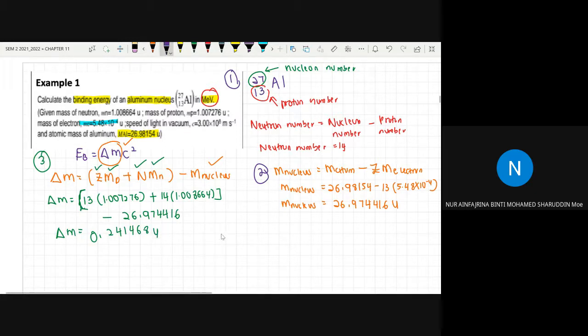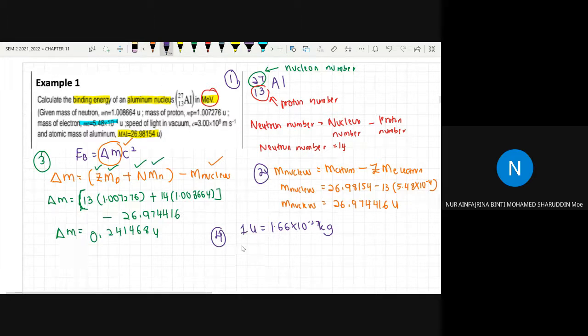Am I done? Why not? It wants the answer in mega electron volt. Right? And we know 1 U equals 1.66 times 10 to the power of negative 27 kg. So for this 0.241468 U, what do we do? No, sorry, we have to change it to what first? kg.